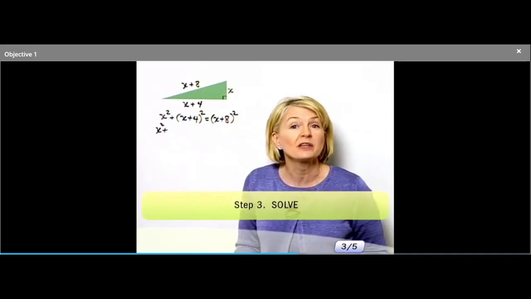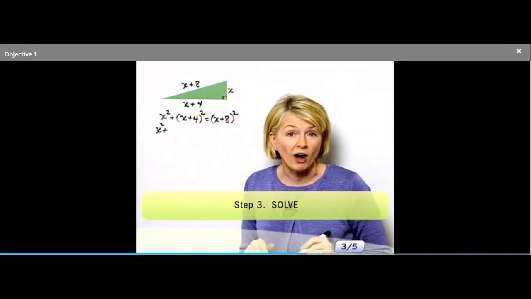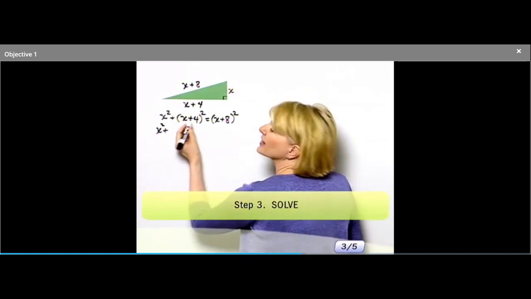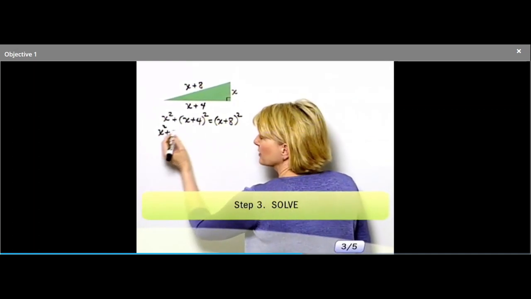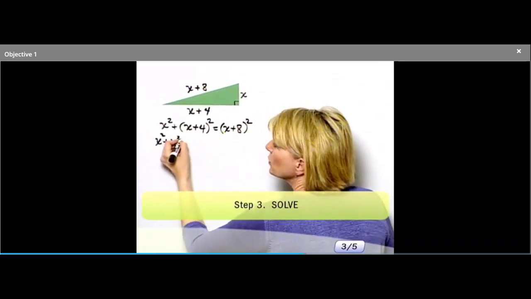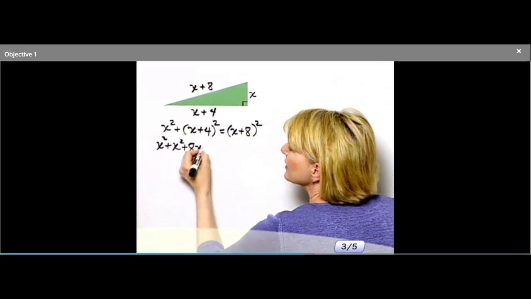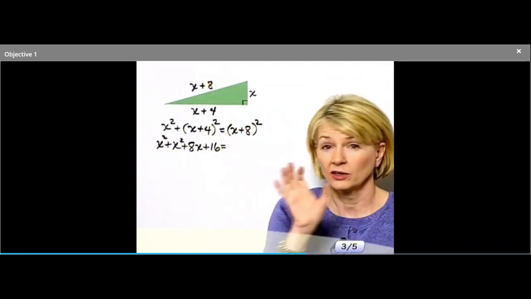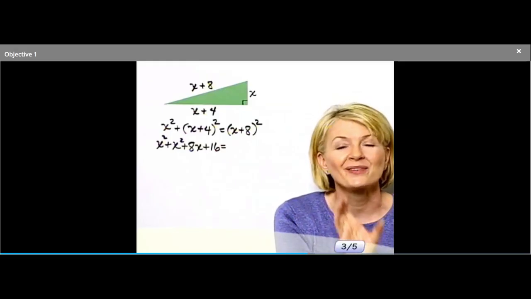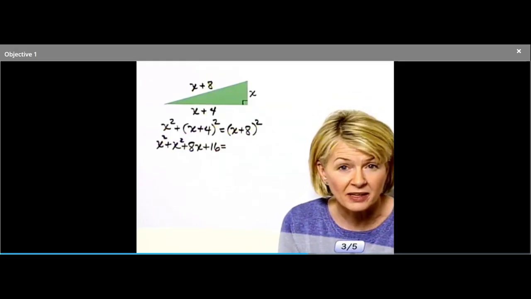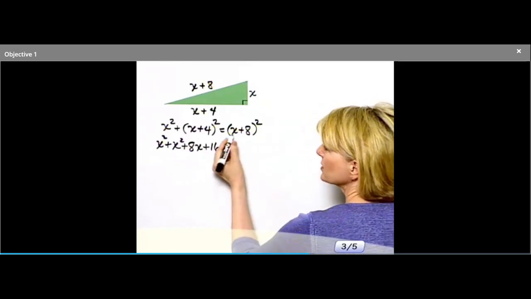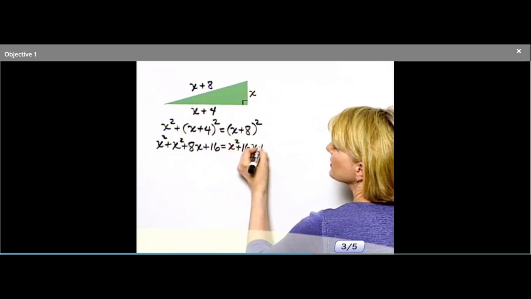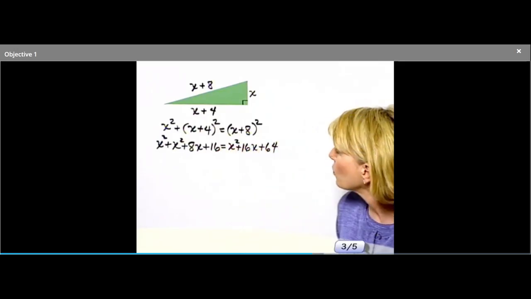This is a binomial squared. If you need to, go off to the side, write it twice, and use the FOIL order for multiplying. But it's x plus 4 times x plus 4, so it's x squared plus 8x plus 16 is equal to, same thing here, go off to the side if you need to and write down x plus 8 times x plus 8, because there will be a middle term. It is x squared plus 16x plus 64.